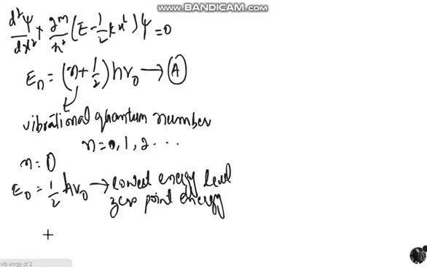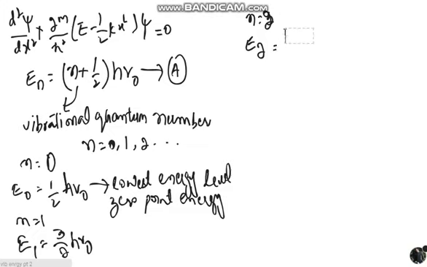For n is equal to 1, the energy will be equal to 3 by 2 h mu naught, and in the same way for n is equal to 2, E2 is equal to 5 by 2 h mu naught, and E3 will be equal to 7 by 2 h mu naught. So we can get the values of different energy levels.